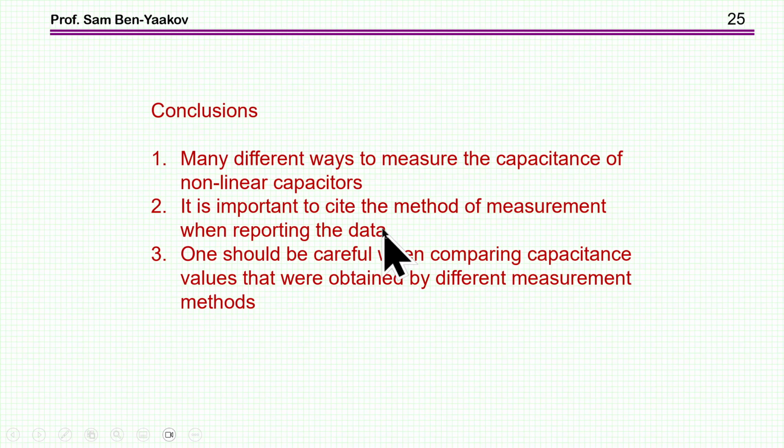Is it RMS? Is it the peak value? Or is it the first harmonic? Or is it by RC? And then one should be very careful when comparing capacitance values that were obtained by different measurement methods. If the methods are different, you may get plots which look different. It doesn't mean that there is an error, it's just that the method of measurement was different.